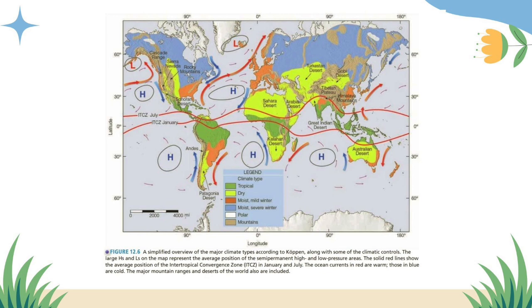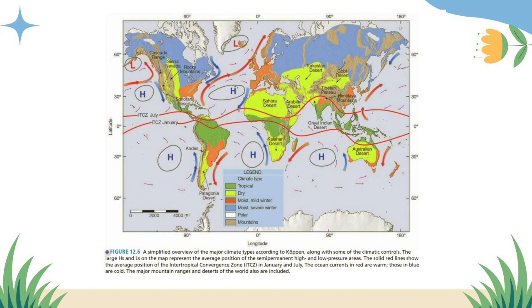Again, the green represents tropical climates, the yellow or orange for dry climates, blue for moist climates with mild or cold winters, purple or white for polar climates, and brown for mountains or highlands.